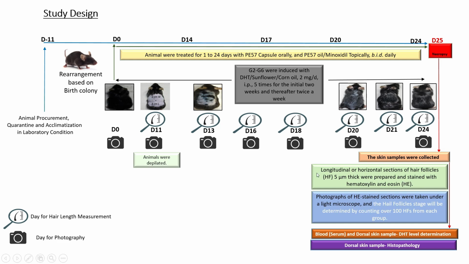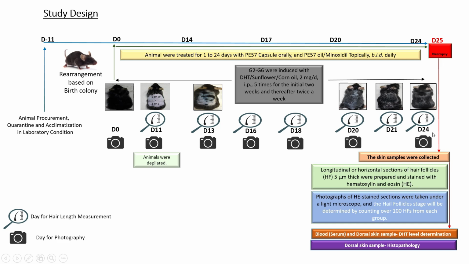In the histopathology study, you have to do 2 procedures. Longitudinal and horizontal sections of hair follicles, 5 micron, were prepared and stained with H&E staining, and photographs of the H&E stained sections were taken under the light microscope. The hair follicle stage will be determined by counting over 100 hair follicles for each group.